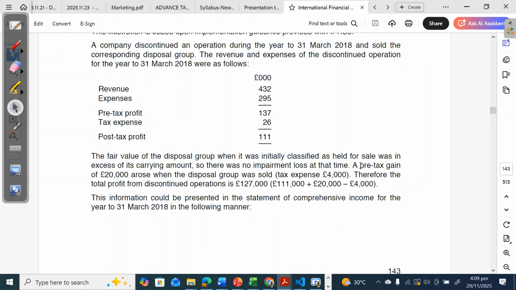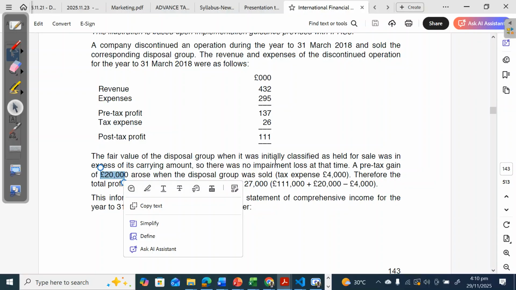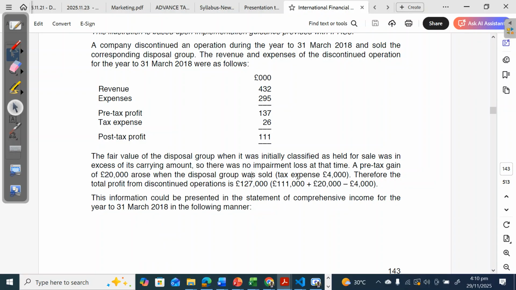A pre-tax gain of £20,000 arose when the disposal group was sold. So when they sold the unit, they made a pre-tax gain of 20,000, profit before tax. Later they paid tax of 4,000.